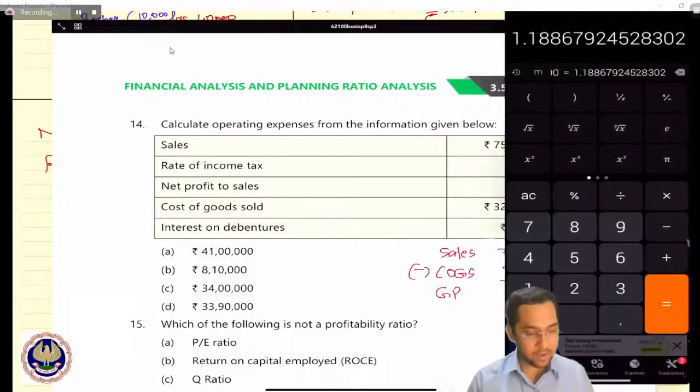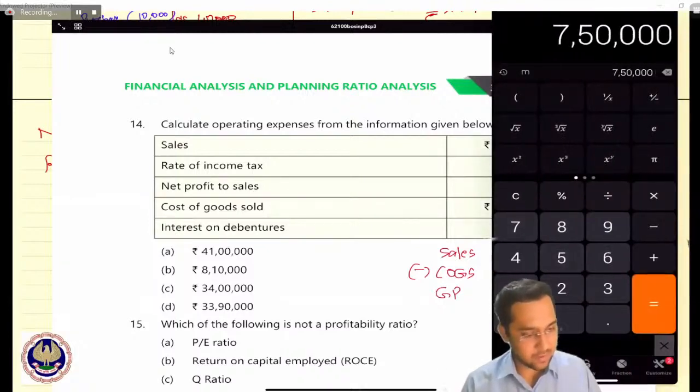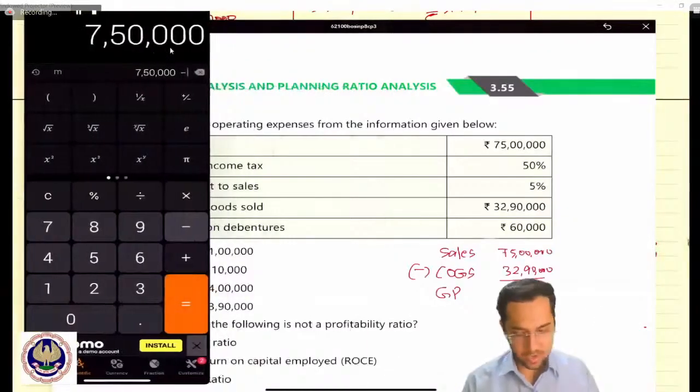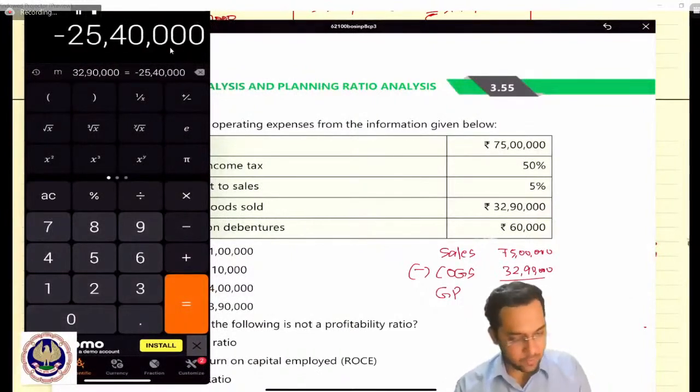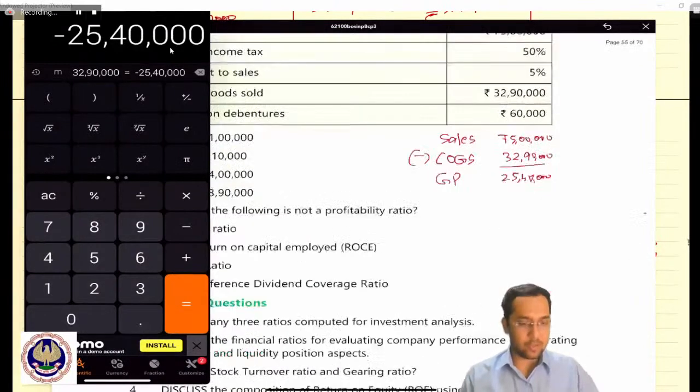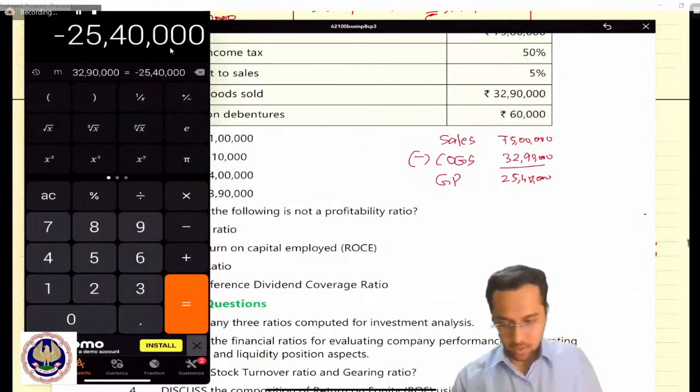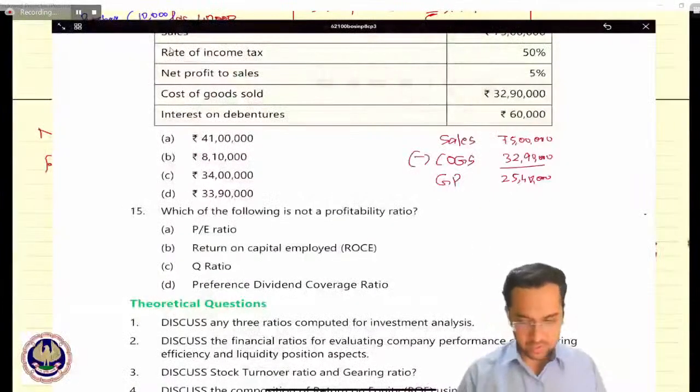So GP is 75 lakh minus 32 lakh 90,000, which is 42 lakh 10,000.